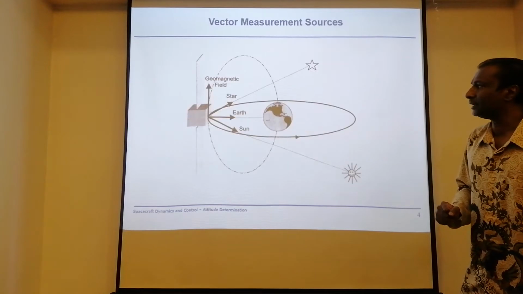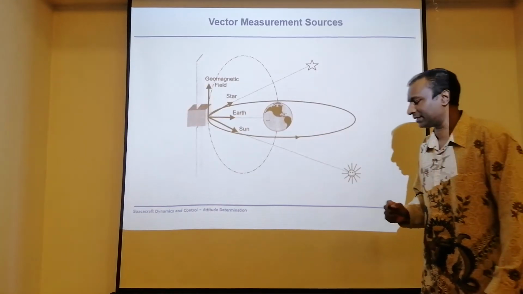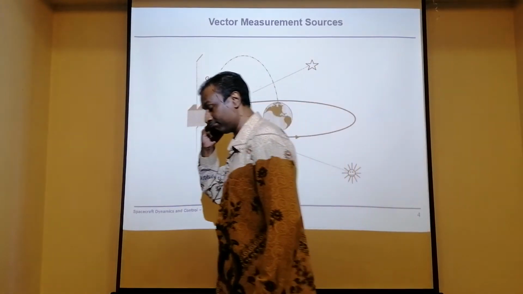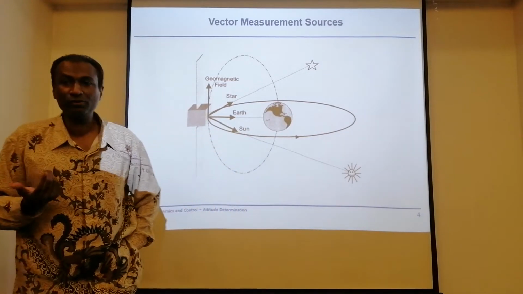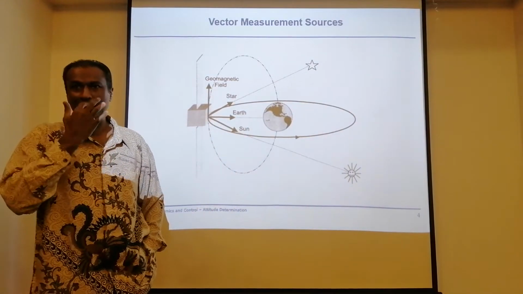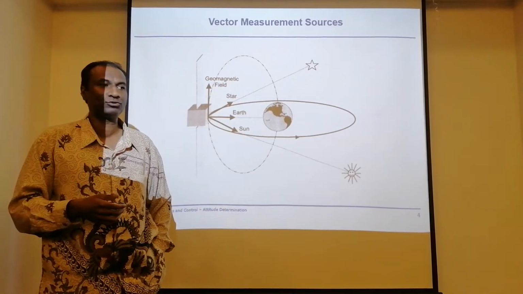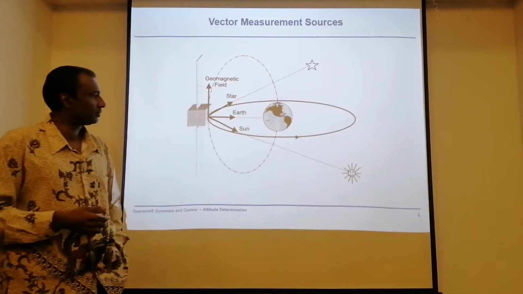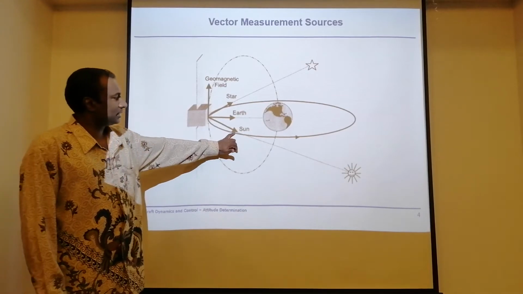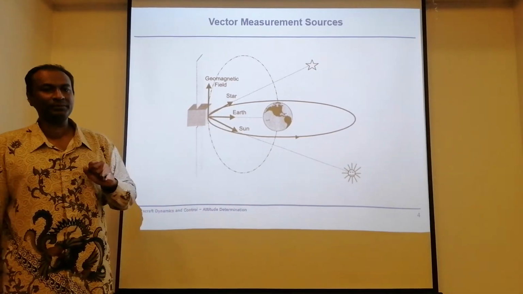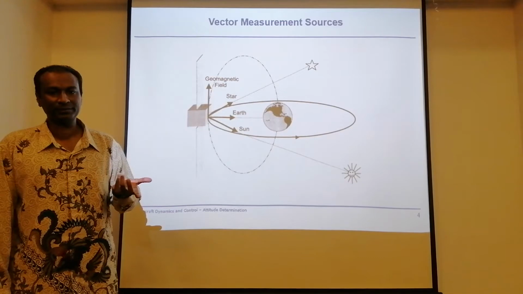Go on. Now, when the satellite flies, we may need to use some landmark or some objects in space which can help us do the actual estimation or determination. The sun can help us, because we have sun sensors.